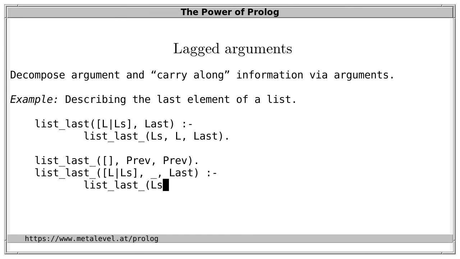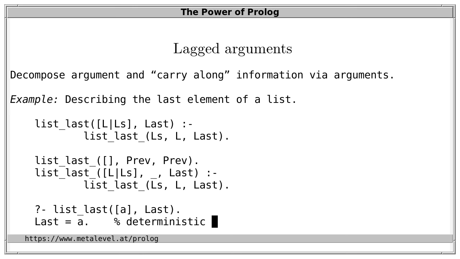Namely, it's the last element of the tail ls, where L is the immediately preceding list element. So if this relation holds between ls, L, and Last, then Last is the last element of the list in the first argument.